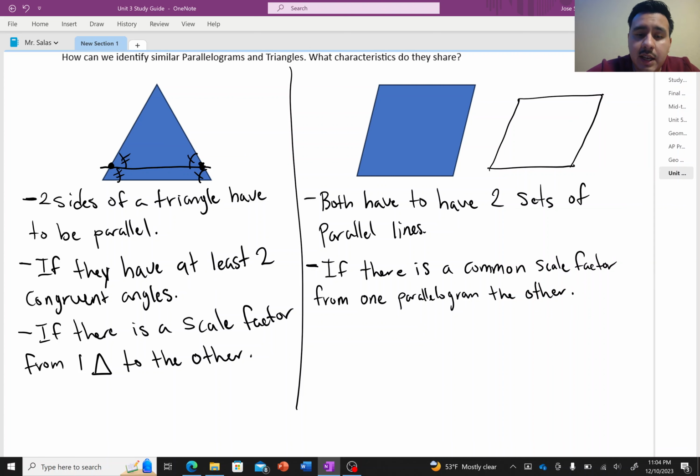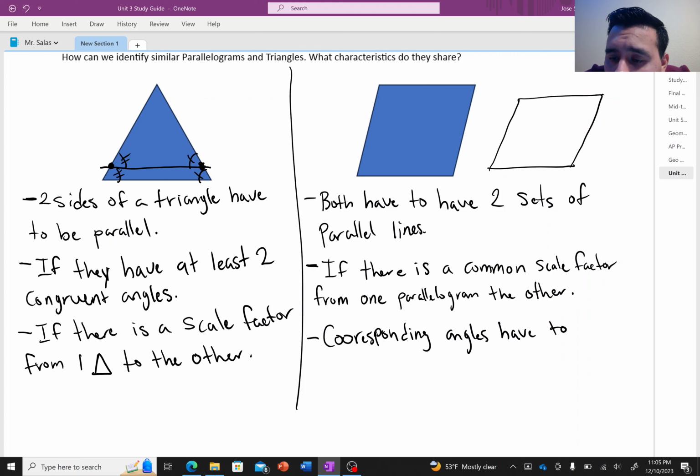The next thing that you might see here is that the corresponding angles have to be congruent.